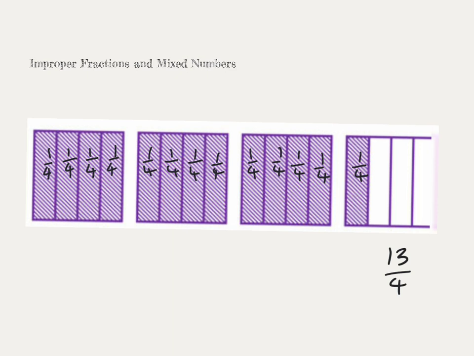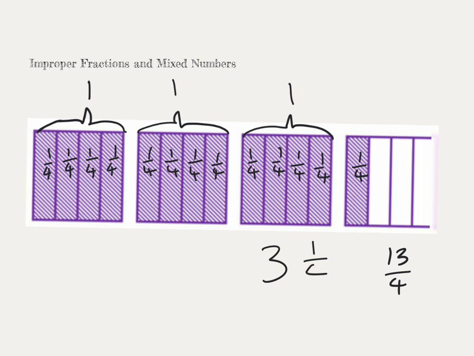Or I could say I have 4 quarters here, which is the same as 1 whole. 4 quarters here, which is 1 whole. 4 quarters here, which is 1 whole. I can't say this is a whole because it's only 1/4. So I have 3 wholes and 1/4. So 3 and 1/4 is our mixed number. 13 quarters is our improper fraction.